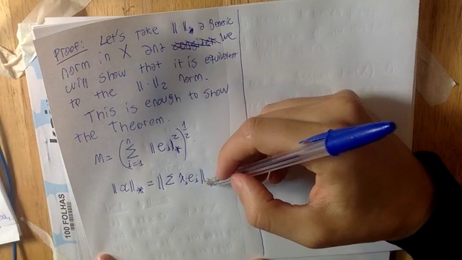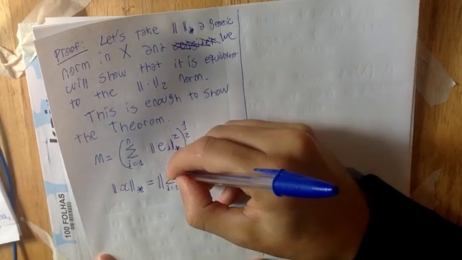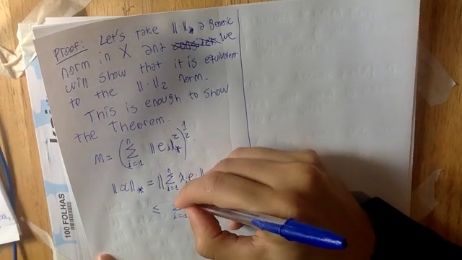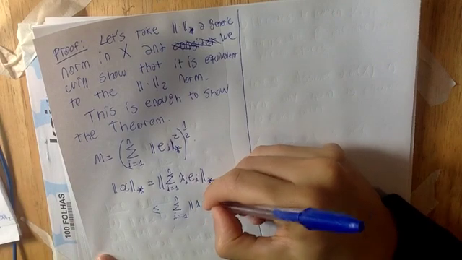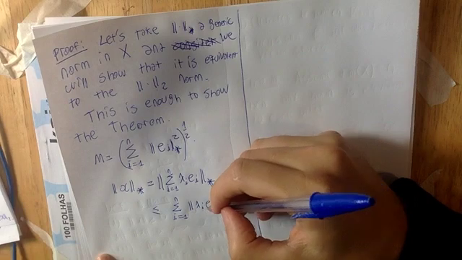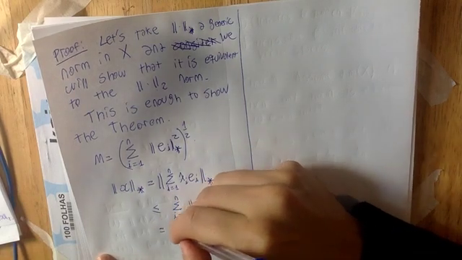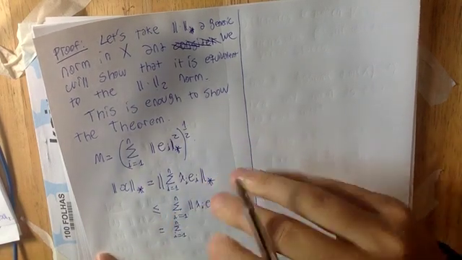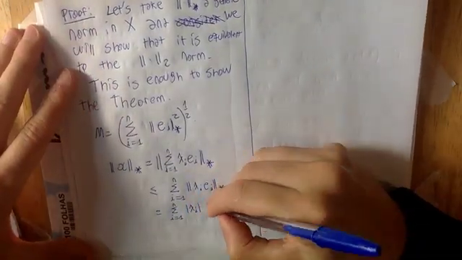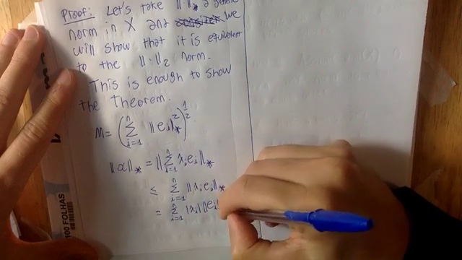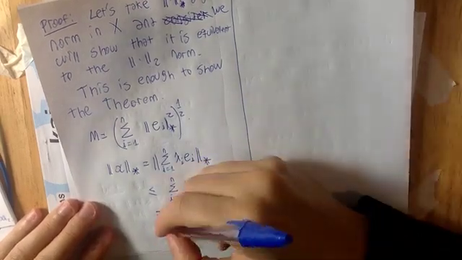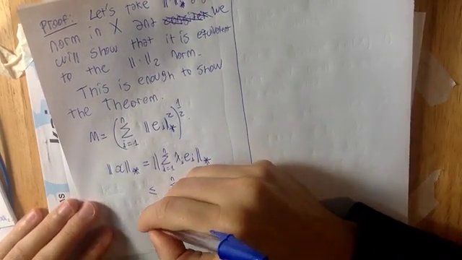Okay, but now we use the triangle inequality to say that this is less or equal than the sum from i equals 1 up to n of lambda_i e_i star. But in particular, using the property of the norm, this is just equal to the sum from i equals 1 up to n of the modulus of lambda_i times e_i star. Okay, and now here we apply Cauchy-Schwarz.